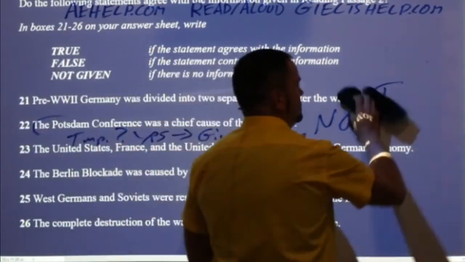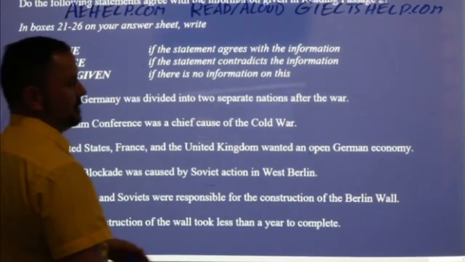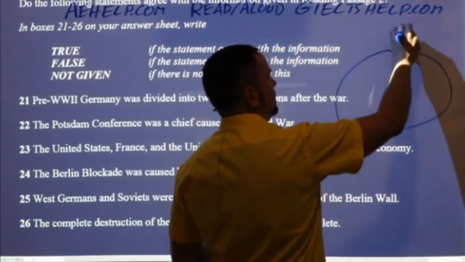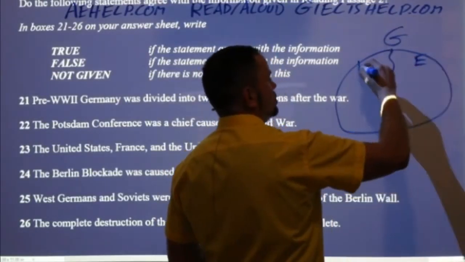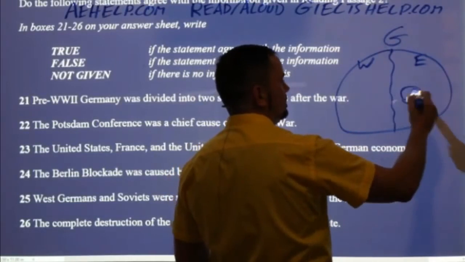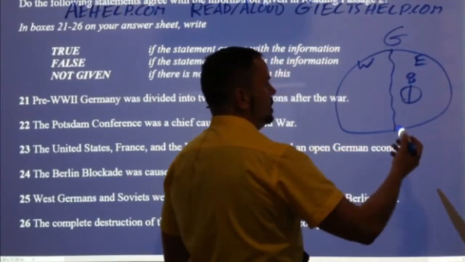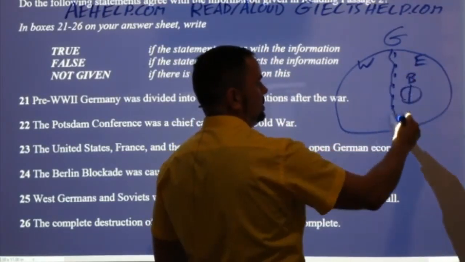So let me show you. This is where visualization comes in handy. So here's Germany. Okay. Here's East. Here's West. Here's Berlin. Okay. Berlin's divided into two. So the Soviets created the blockade here.